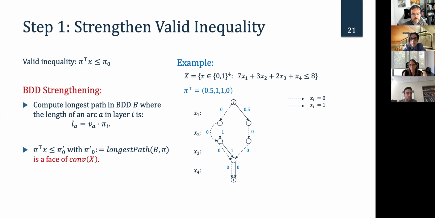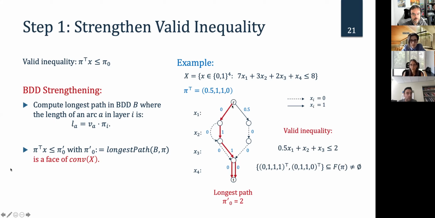Okay, so here I have a small example. So this is the pi that we have, the values, the coefficients of the constraint. This will be the length of the arcs for our longest path problem. We compute the longest path that is actually this value here that has a length of 2. So then the constraint that we get is basically combining these coefficients and then putting less than or equal to 2.